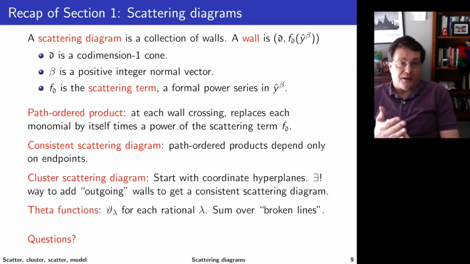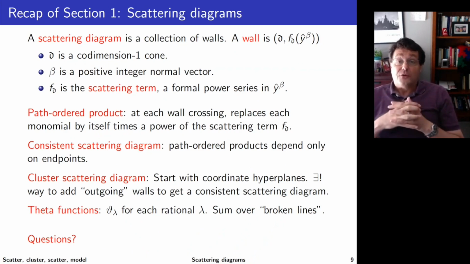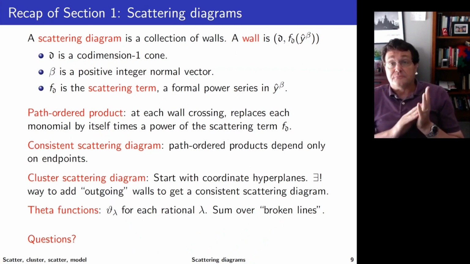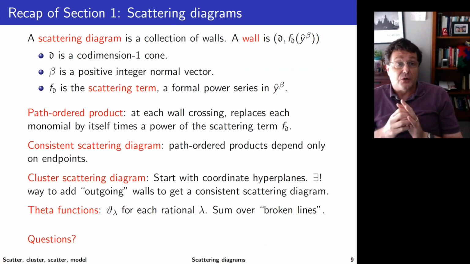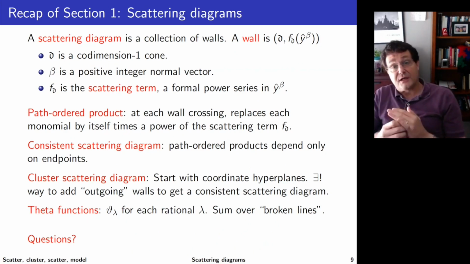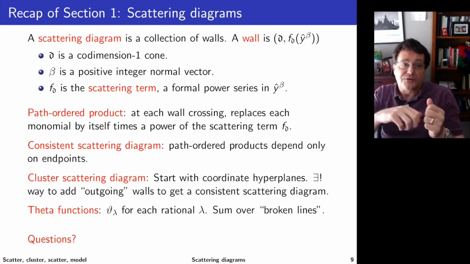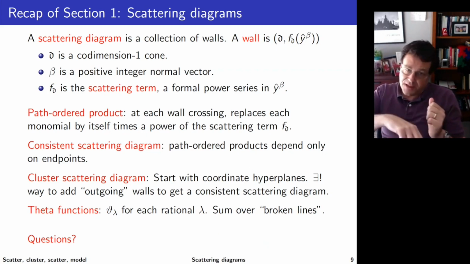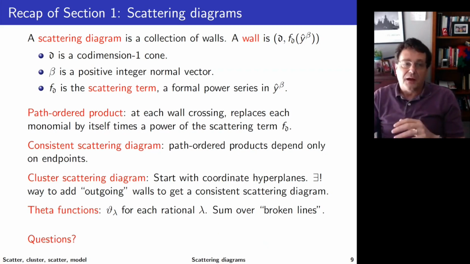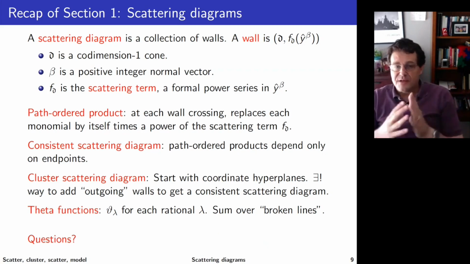So, recap, scattering diagrams. A scattering diagram is a collection of walls. A wall is something that looks like a codimension 1 cone with a scattering term that's a formal power series. Path-ordered product: we do some operation on monomials at each wall crossing, and we take a composition along the path. Consistent scattering diagram means that path-ordered products depend only on endpoints.